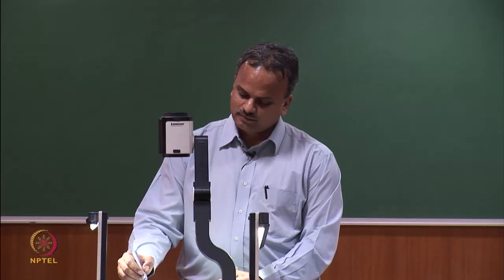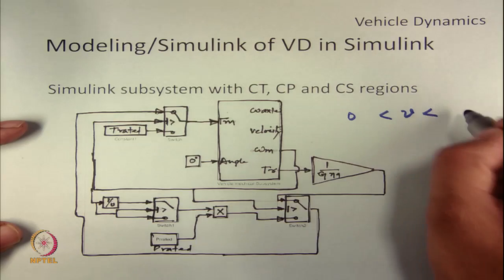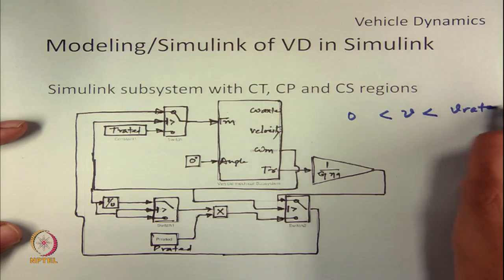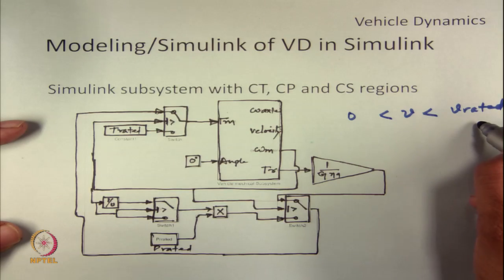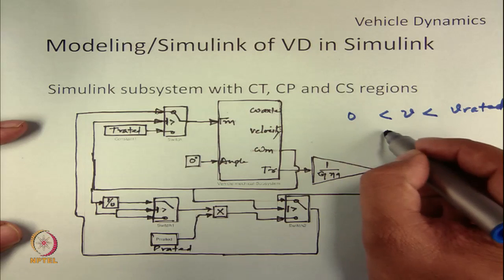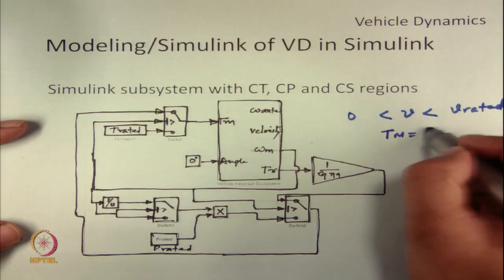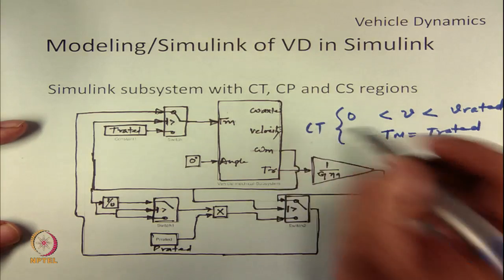So, when the vehicle speed is between 0 and V rated, we say it is a constant torque region, together with Tm equal to T rated.